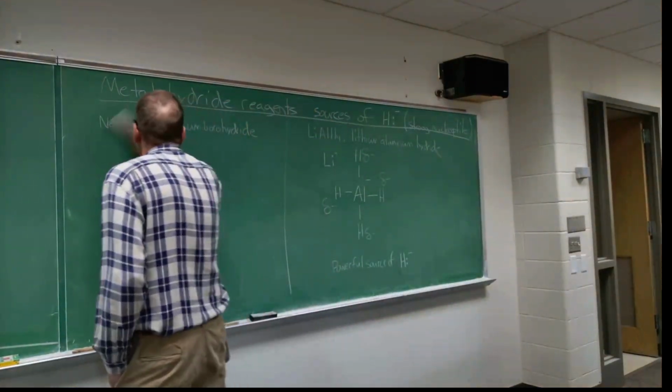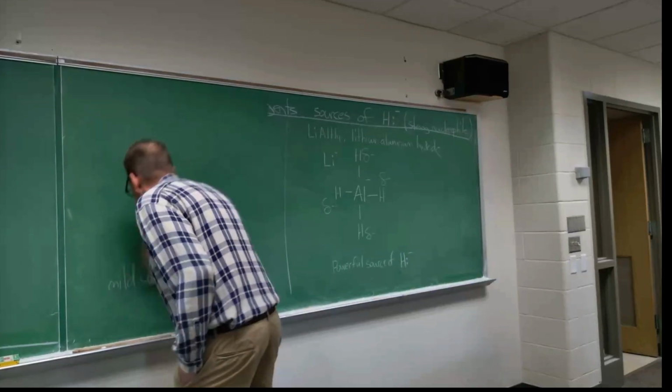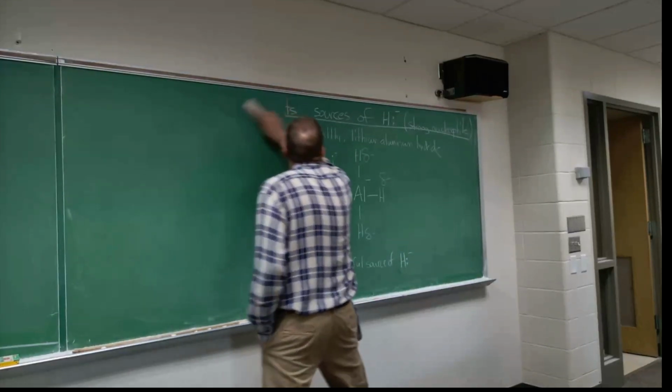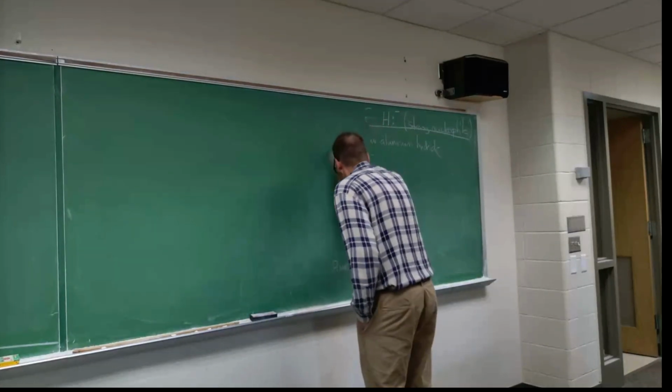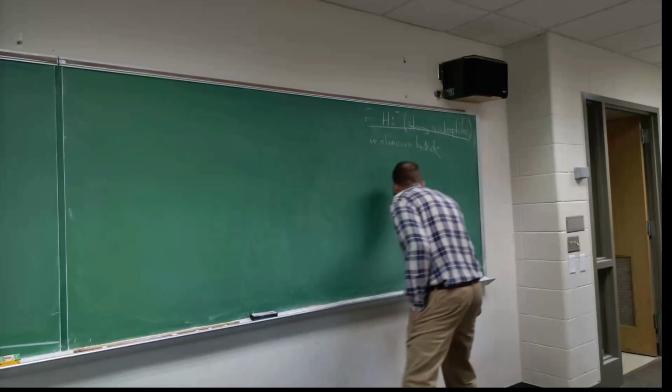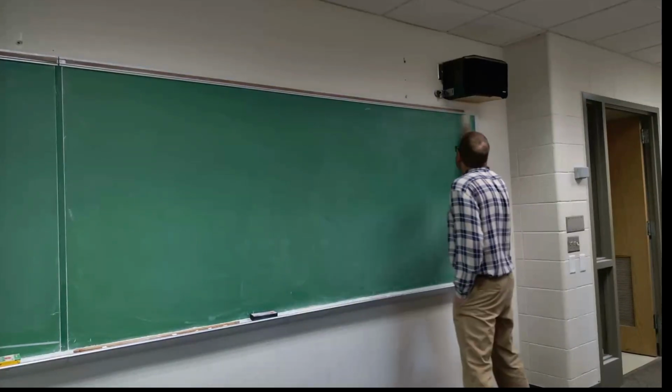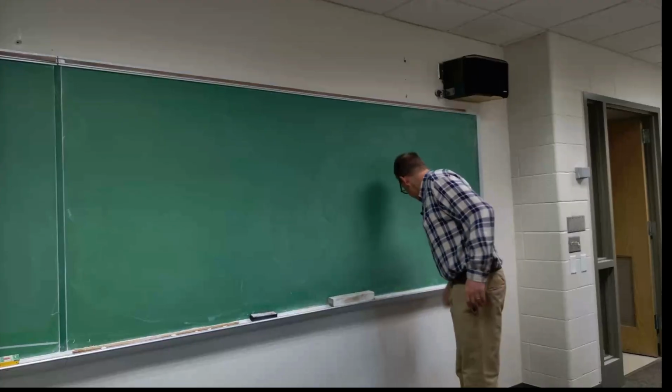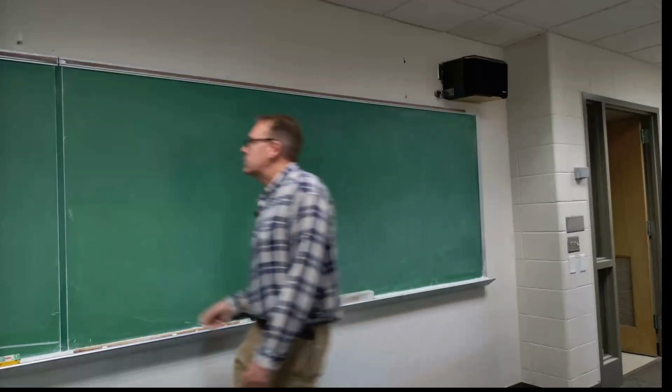So aldehydes and ketones have a reactive C double bond O carbon. That carbon is reactive with strong nucleophiles. So here's how it works with the sodium borohydride reaction.